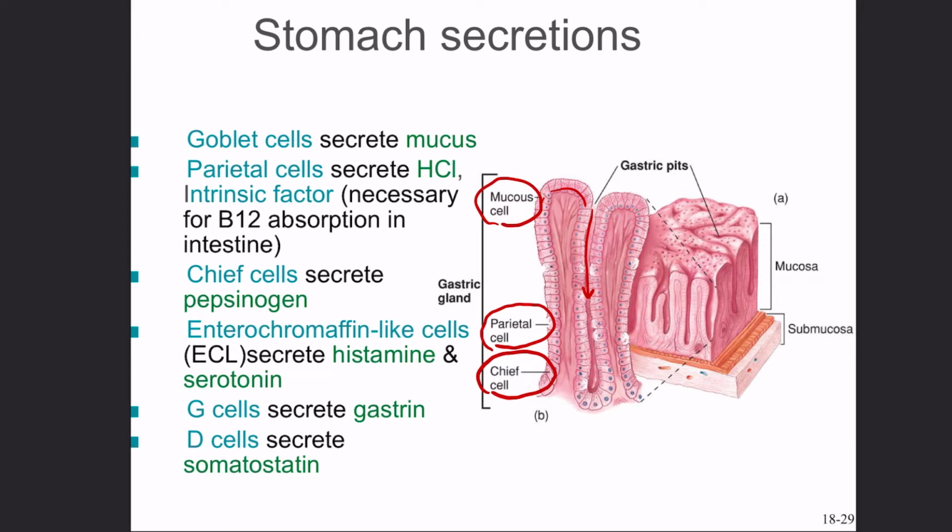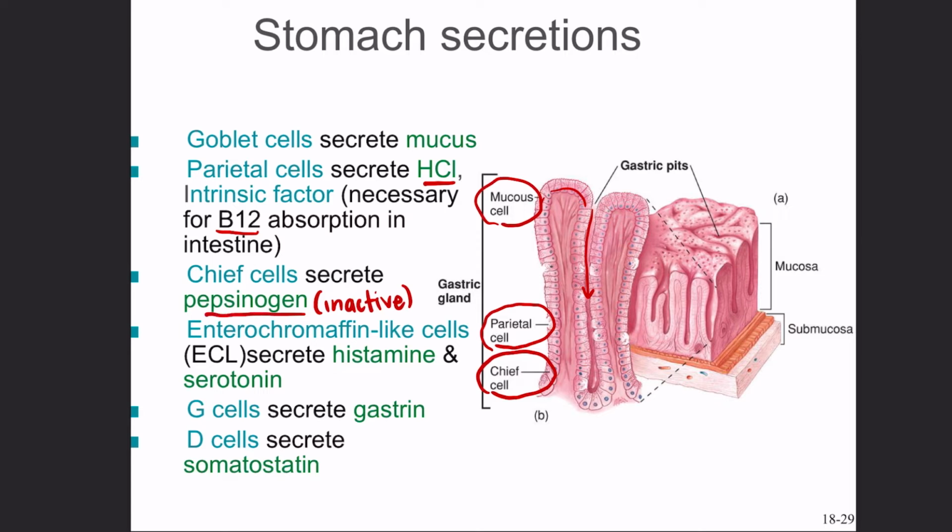Parietal cells secrete hydrochloric acid, that acidic environment that we were talking about. They also secrete intrinsic factor, and intrinsic factor is important because it helps us absorb vitamin B12 in the intestine. We have chief cells. Chief cells secrete an important inactive enzyme called pepsinogen. We'll talk about why it's inactive in a second.